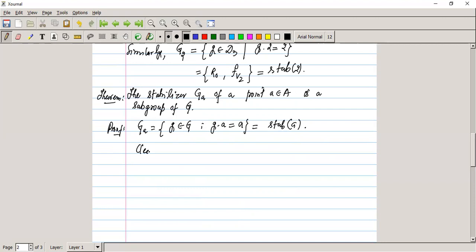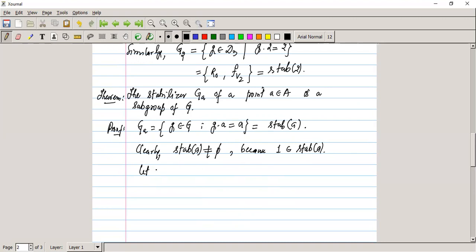So first, clearly, the stabilizer of A is not equal to the empty set, because the identity element 1 belongs to the stabilizer of A. The identity element always fixes everything, so therefore the stabilizer of any point is always a non-empty set.